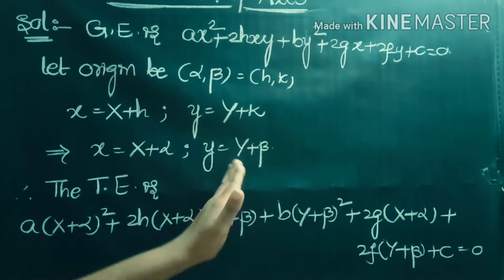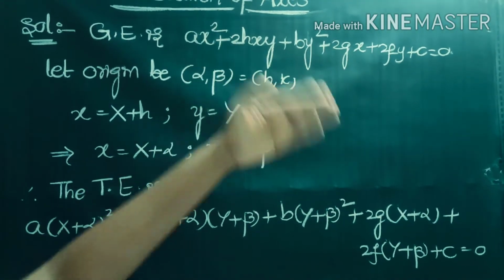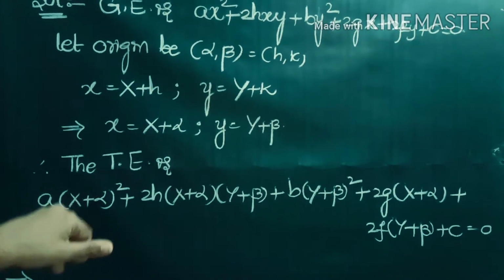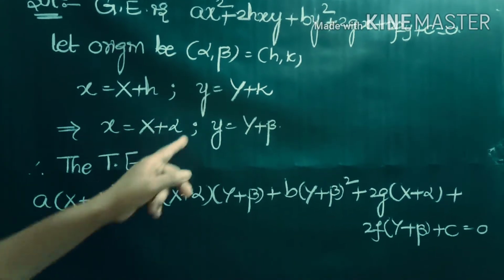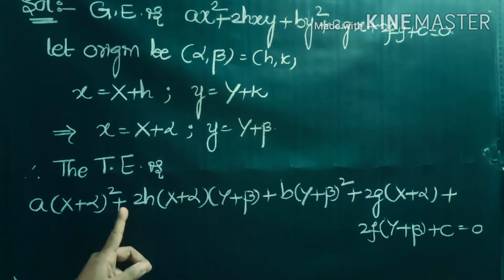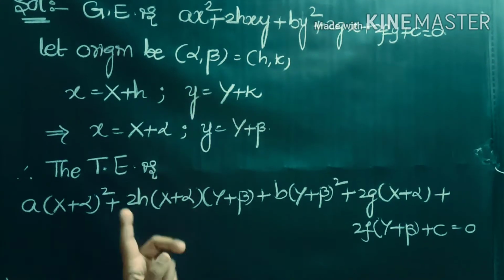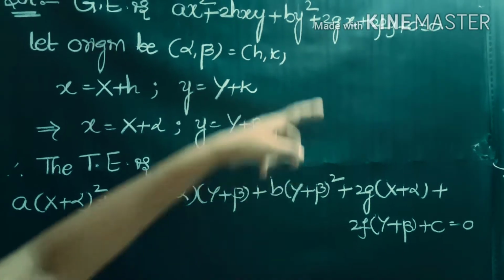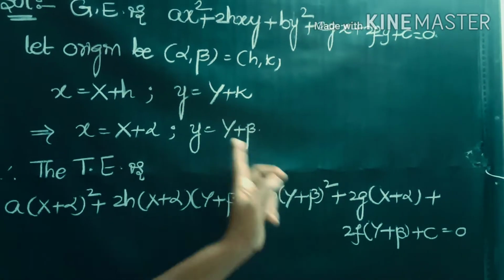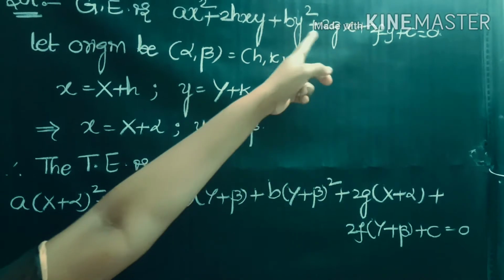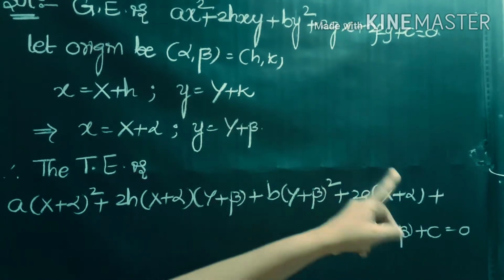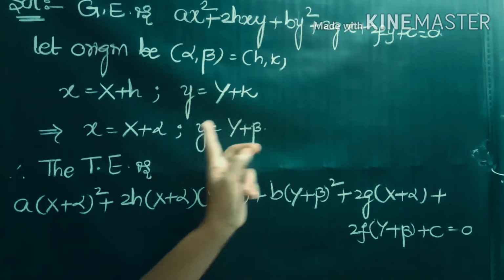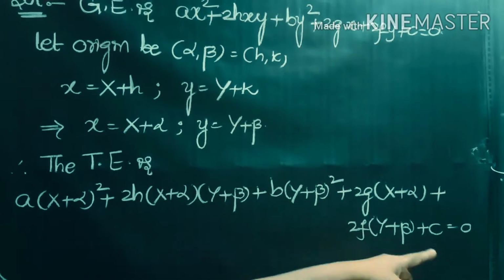Substituting these values, the transformed equation is a into (X plus alpha) whole square plus 2h into (X plus alpha) into (Y plus beta) plus b into (Y plus beta) whole square plus 2g into (X plus alpha) plus 2f into (Y plus beta) plus c is equal to 0.